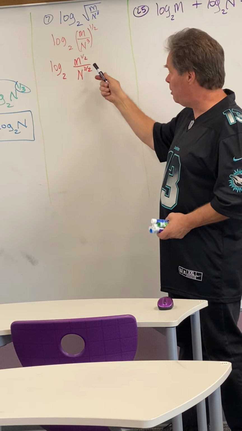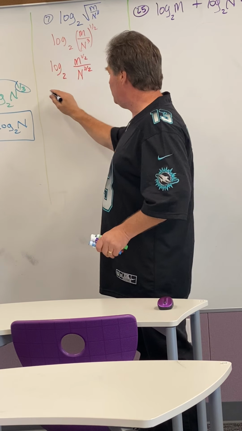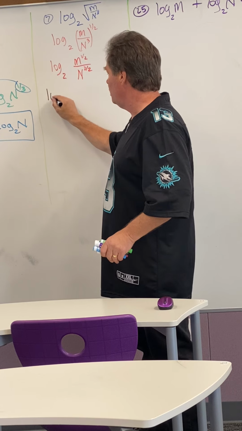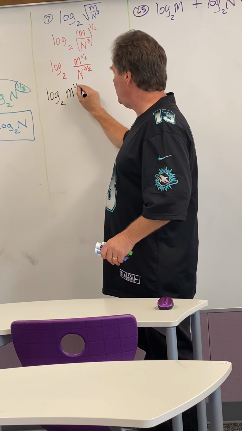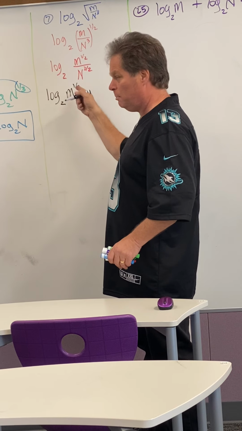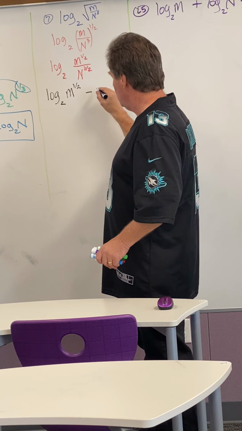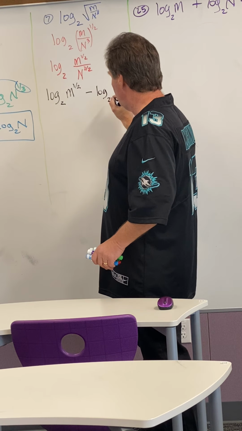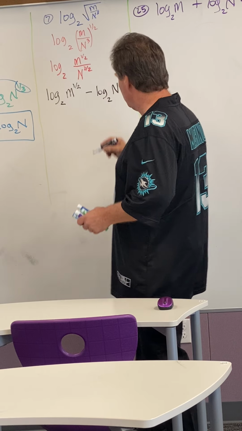Now, the big picture here is division, log of division. So I could split that up into subtraction of logs. Log base 2 of m to the 1/2, which you could call that square root m if you wanted to now. I'm just going to do that in the next step. And then minus log base 2 of n to the 3/2, like that.